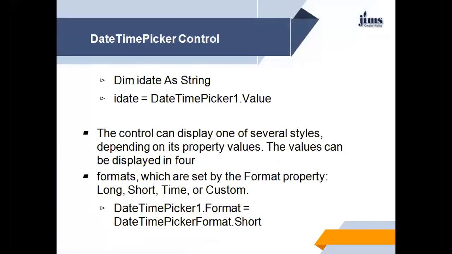As in the date, there are several styles, like 31st December 2010, December 31st, 2010, or 31/December/2010, or 31/12/2010 or 2020, like this. So the control can display one of several styles depending on its property value. Whatever property value you have chosen, the date will be displayed according to it.